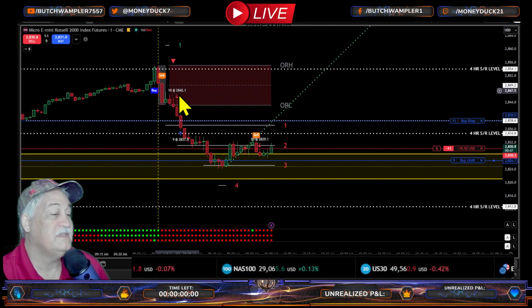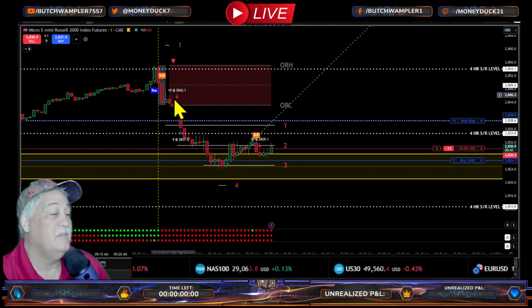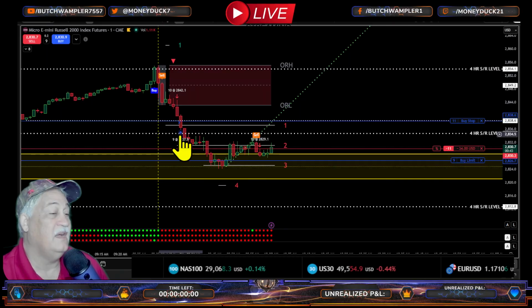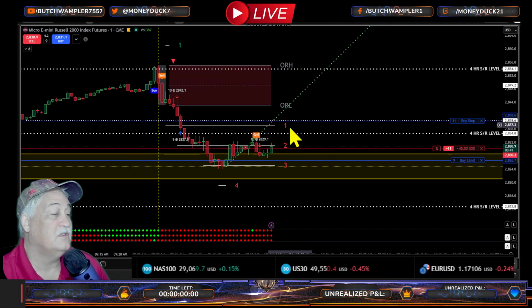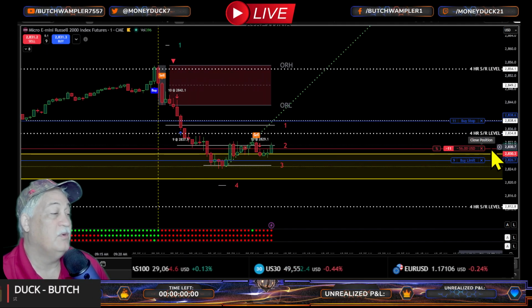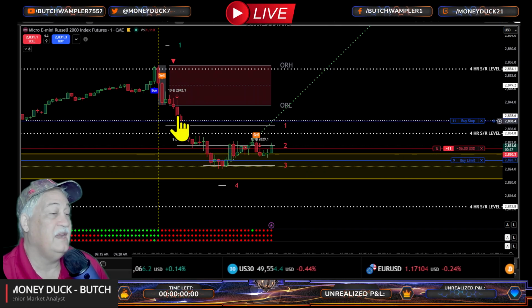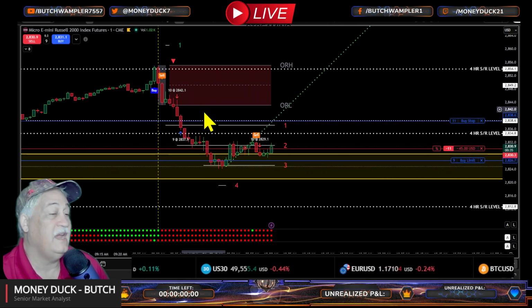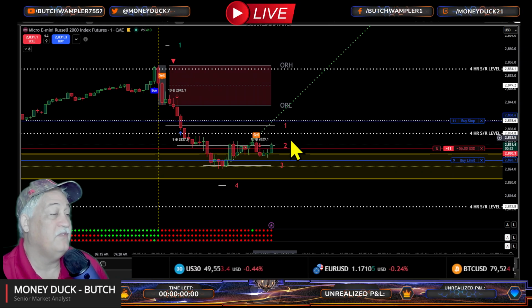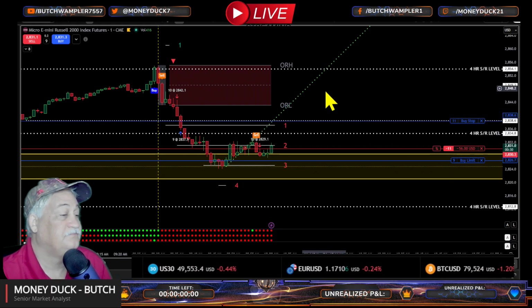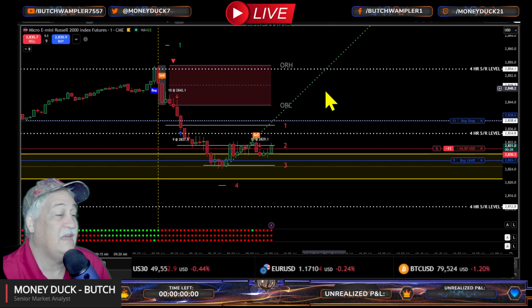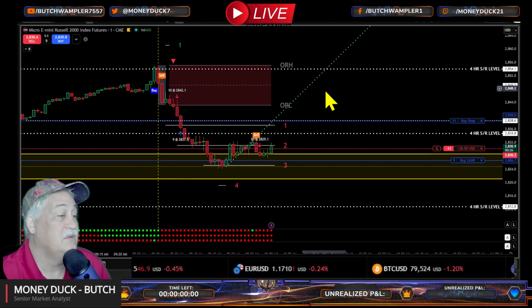We put on 10 over here, and then on the first trade closed out 9 when it got to the first level. And then we put on another 10, and I want to close out 9. That leaves 1 runner off this trade, and 1 runner off this trade. And right now it's pulled back to that level 2. We'll see what it does.